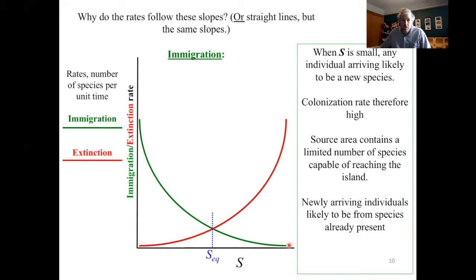So at high species richness, any new individual that arrives from the source population, source community, the chances are it's a member of a species that's already present on the island. So colonization rate doesn't count, because the species is already there. As a result, at high species richness, the colonization rate tails off to 0.